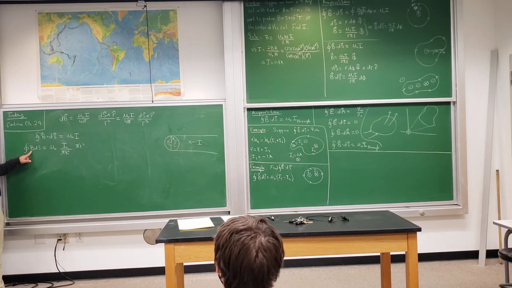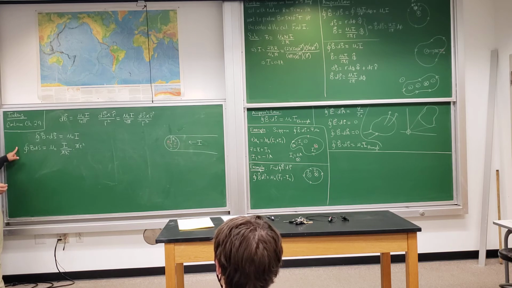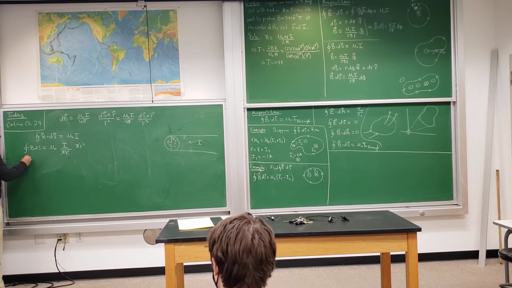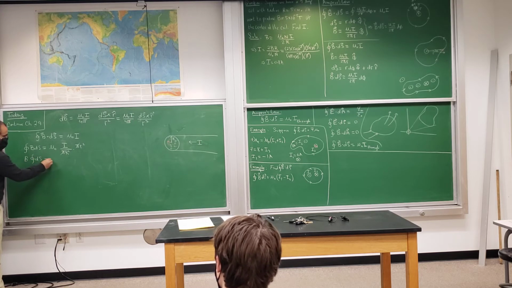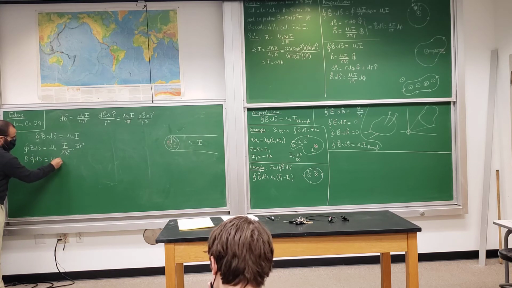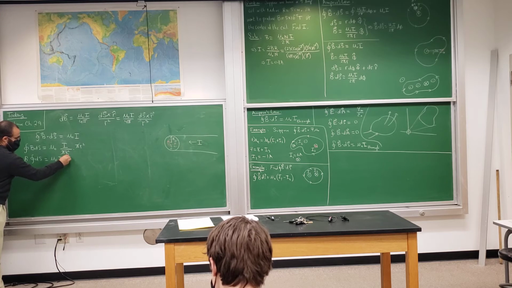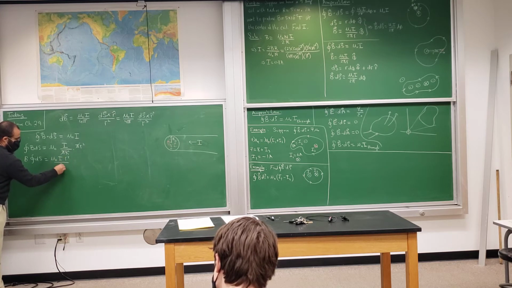Now B dot ds: as long as I'm at the same distance away, B will be the same magnitude. So B is constant as long as little r is the same. So now what's the closed integral? I would have B times the closed integral of just ds equal to mu naught I little r squared divided by capital R squared.